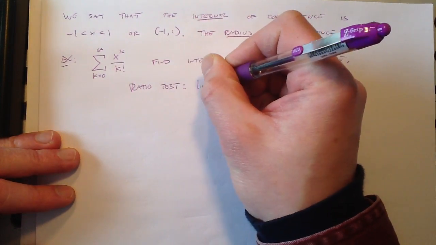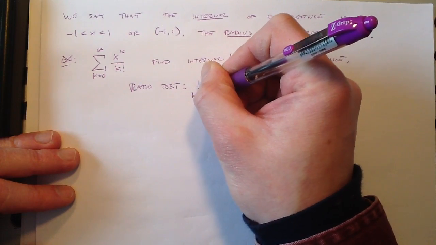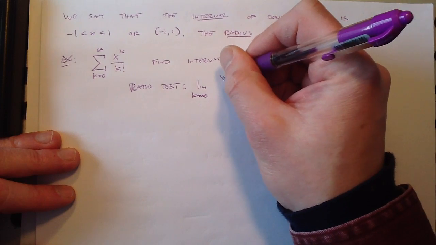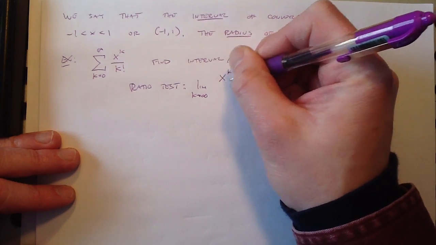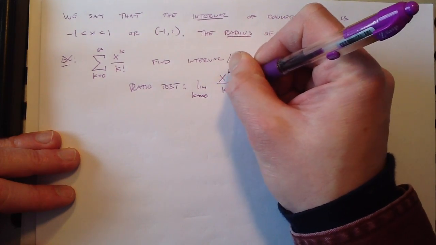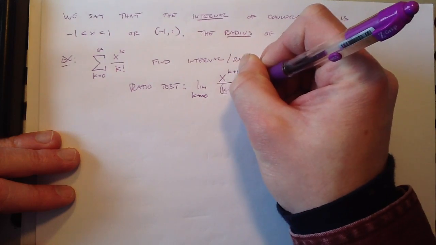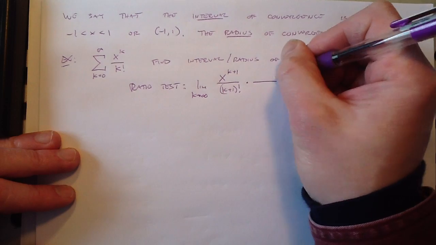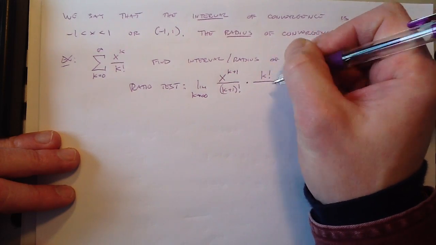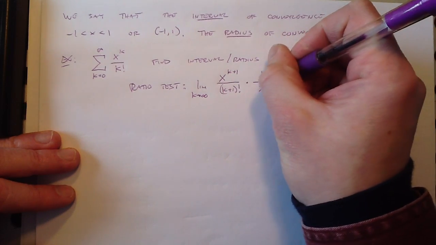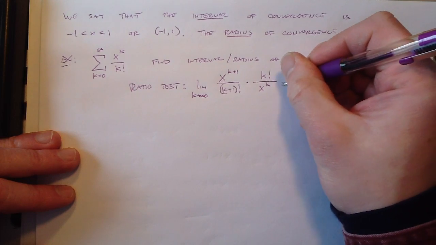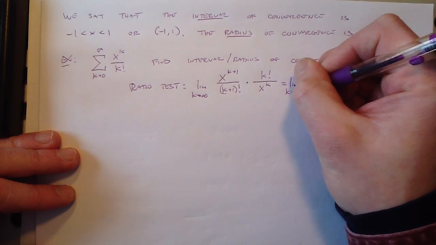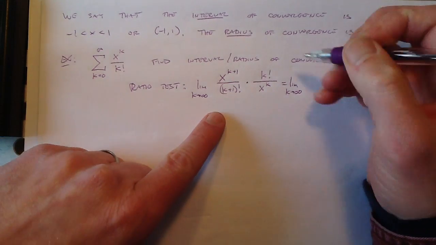We want to find the limit as k approaches infinity of the k plus 1 term, which would be x to the k plus 1 over k plus 1 factorial, divided by that term, which is the same as multiplying by the reciprocal. Don't get lazy and leave these little limit things off, because that could cause you problems.